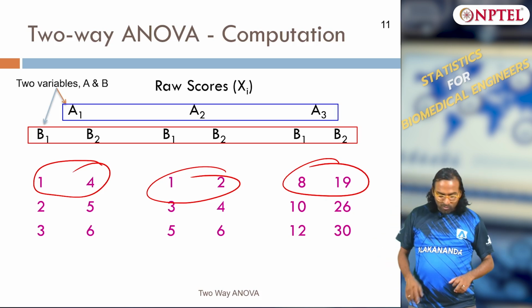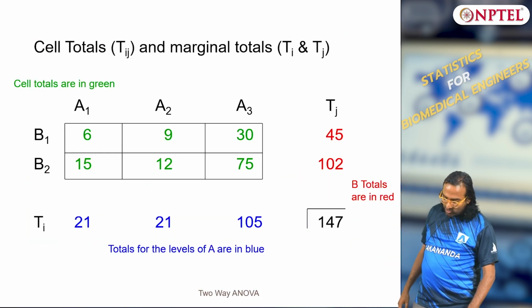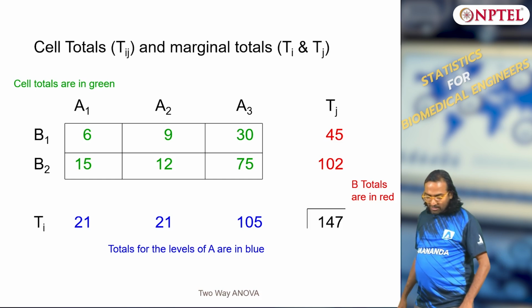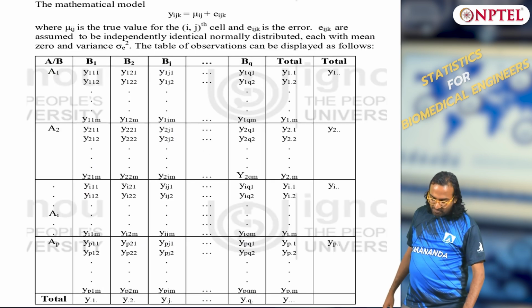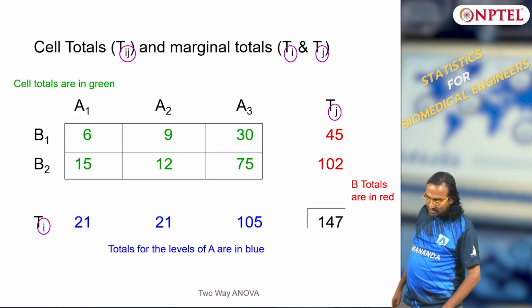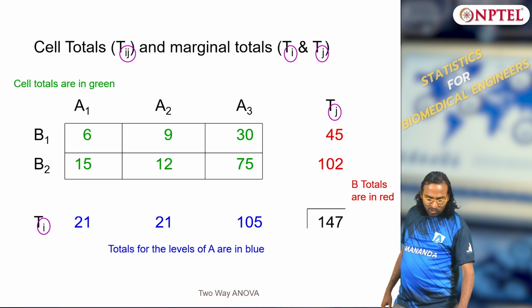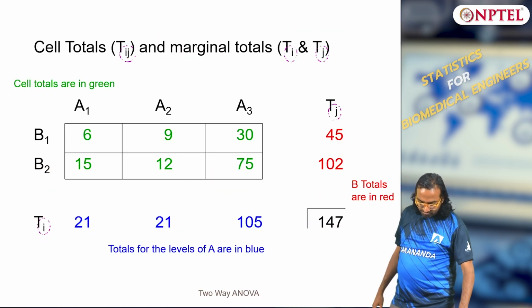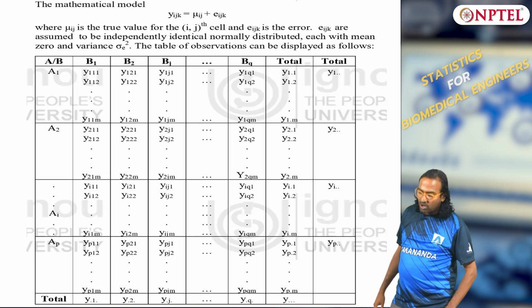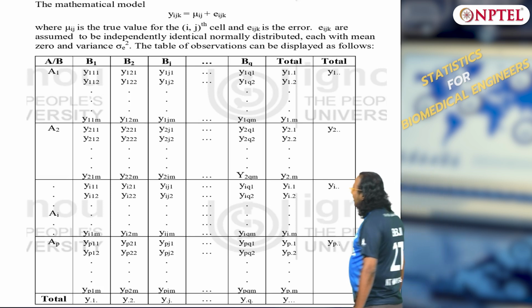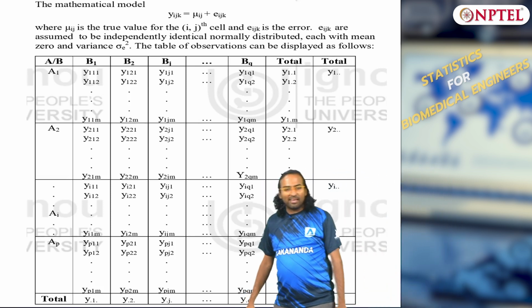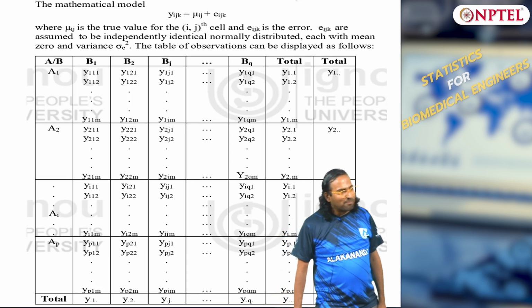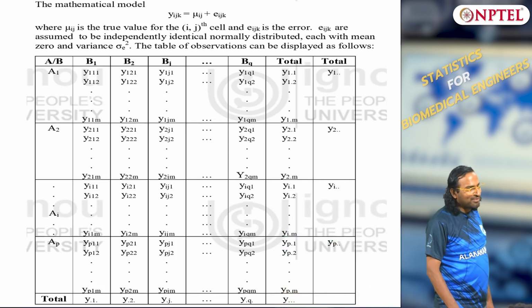Now we get into the math slowly. You can compute cell marginals, total marginals, etc. But now we get into the math model. I have been searching in various books, I did not want to derive it completely, but none of the books had it.